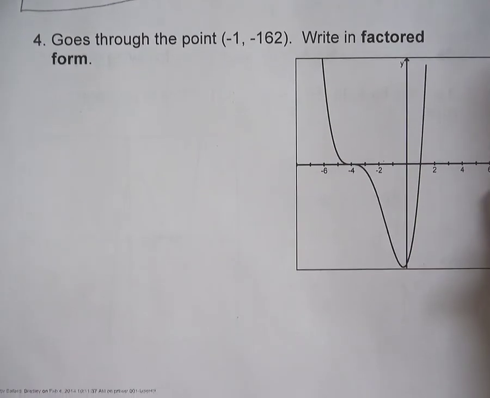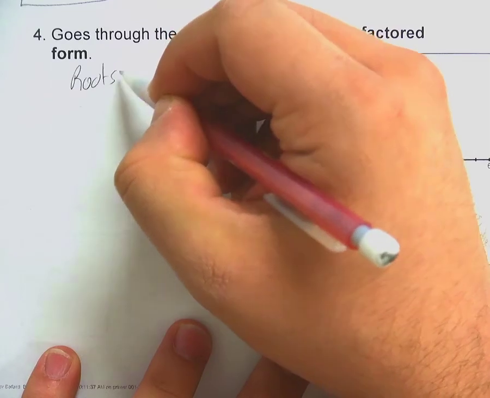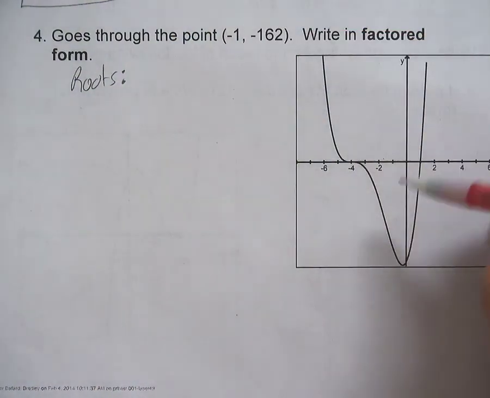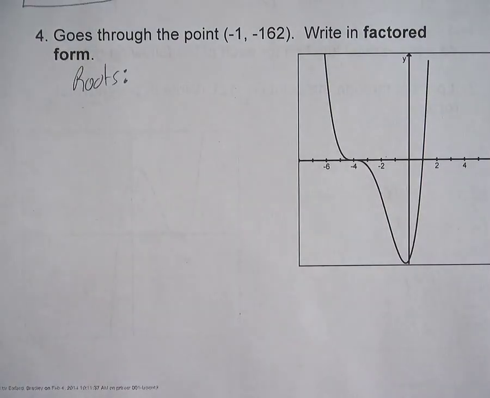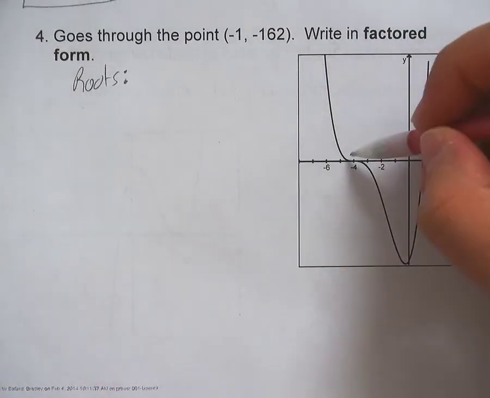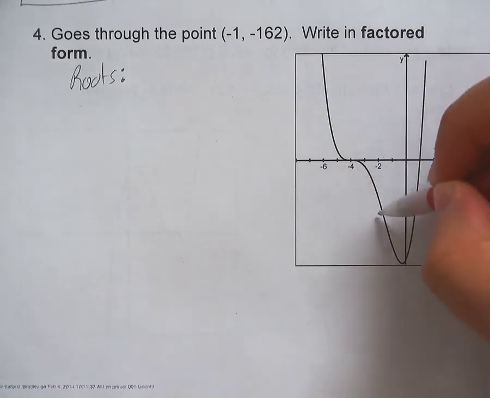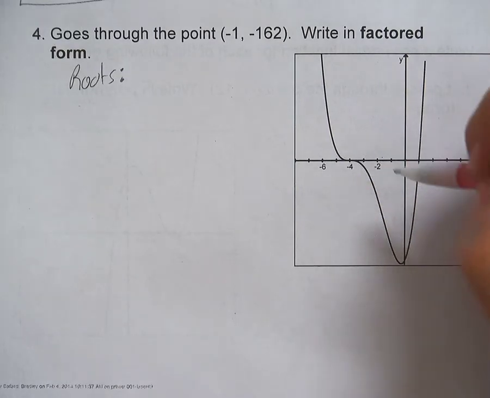Okay, let's go down to number 4. Start off with my roots. Remember, I'm doing it in factored form going through this point. So I've got a root at negative 4. And surprise, see how this is concave up over here? It looks like a smiley face. This is concave down over here. It looks like a frowny face, sad face, right?